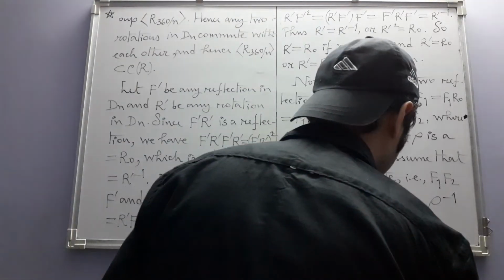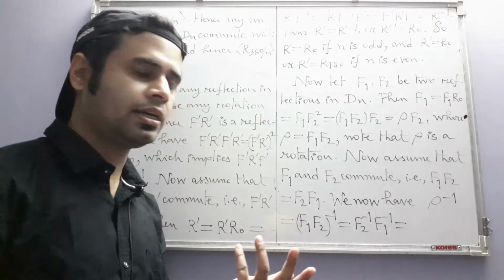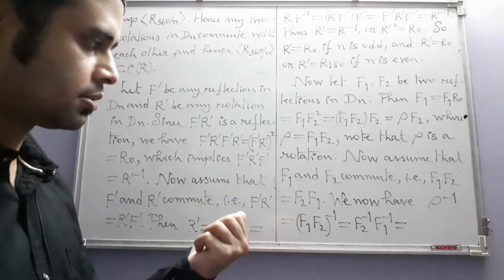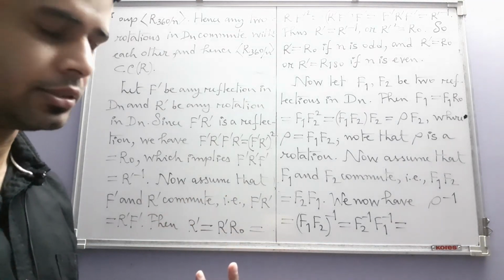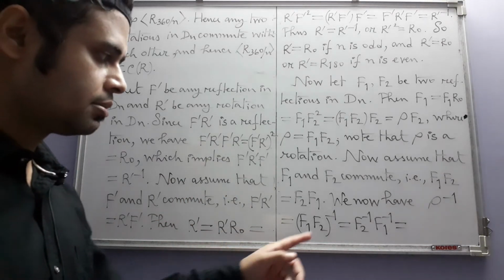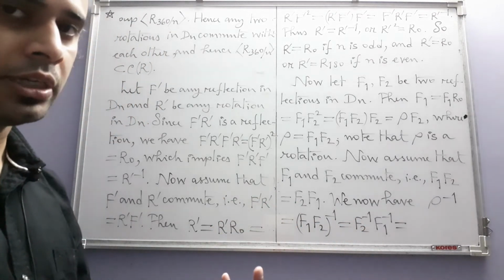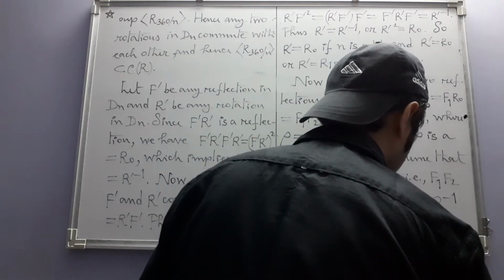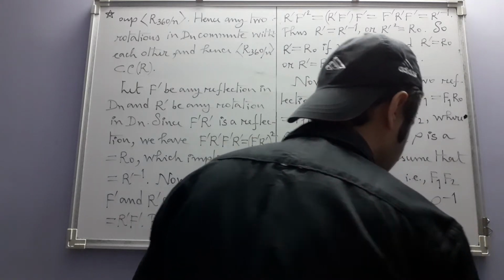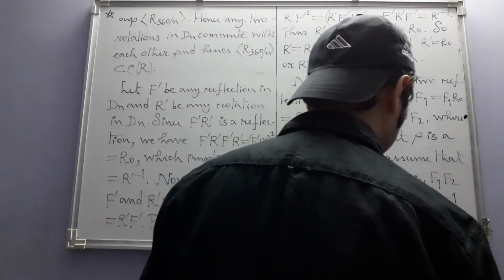Okay. Now since F1 and F2 are both reflections, the squares of both of them are equal to the identity, and hence both of them are equal to their own inverses. So F2 inverse is F2 and F1 inverse is F1. Okay, but that is F2 F1.